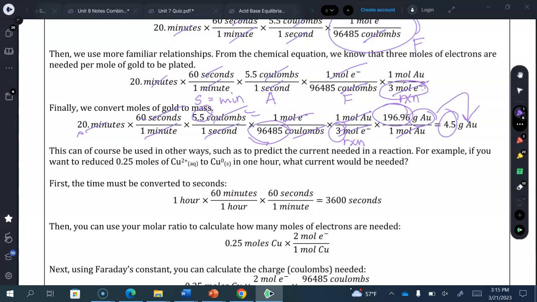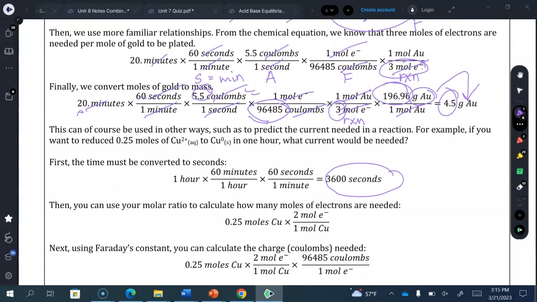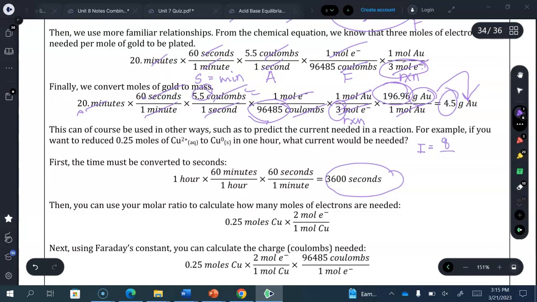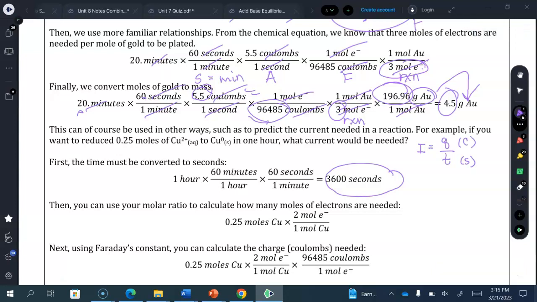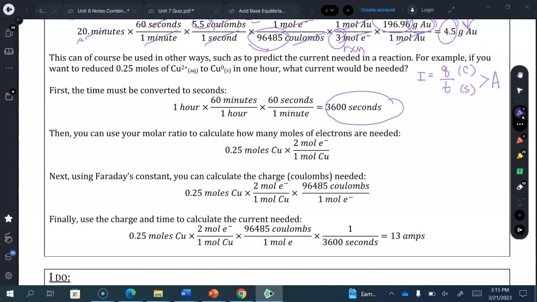So 1 hour, we change it to seconds because remember, current is amps, so I is equal to Q, charge, over T. The T is in seconds and the Q is in coulombs. When I have coulombs per second, that gives me amps, or A, and that's my current.